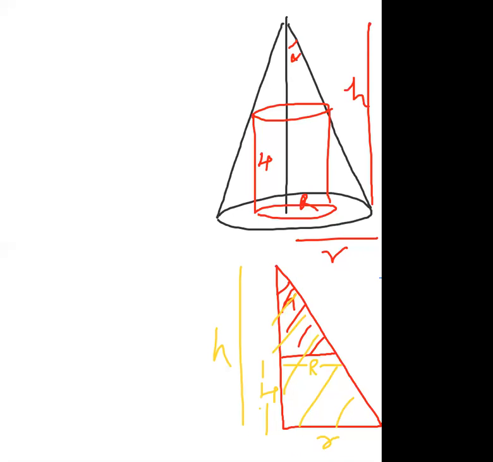Perpendicular upon perpendicular: the perpendicular of the small triangle is h minus H, over the perpendicular of the big triangle, that is h, equals the radius of the small triangle, capital R, over the radius of the big triangle, small r. As small h was given, that's why small h and capital H come in different roles. This we are going to use.